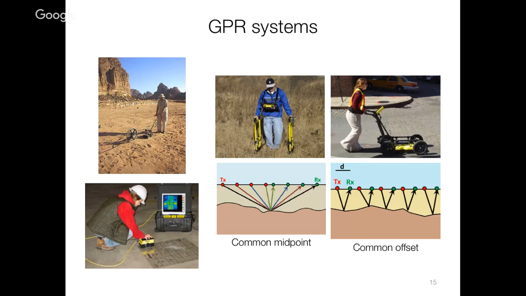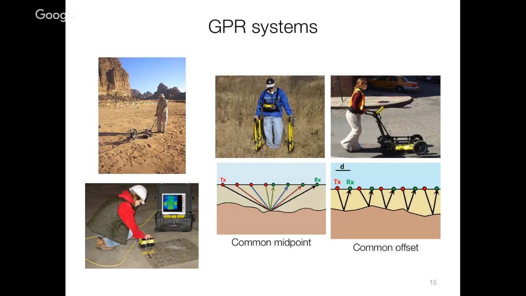Sometimes they're separate, the transmitter and receiver, they're both just antennas, they're just kind of electrical wires that are sticking out. And then you can do various things with them. You could acquire them in a common midpoint format. So you've got transmitter, receiver, dot, dot, dot, right?